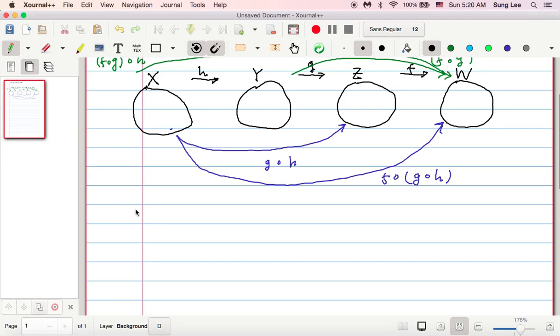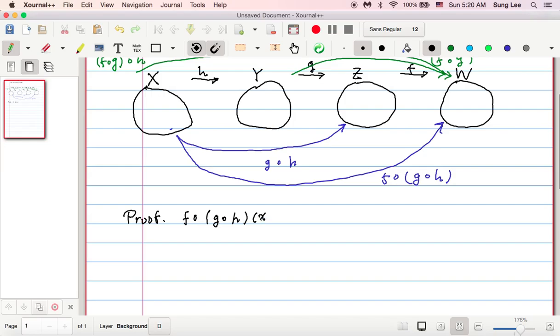So here's the proof. By definition, let's start with this guy here. We do this first, h followed by g and then followed by f.